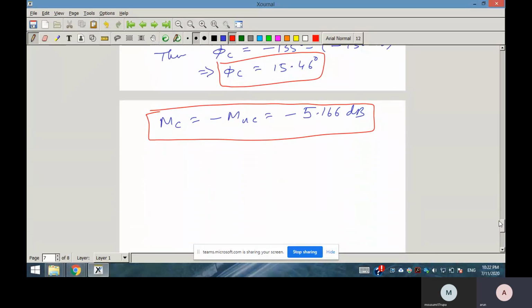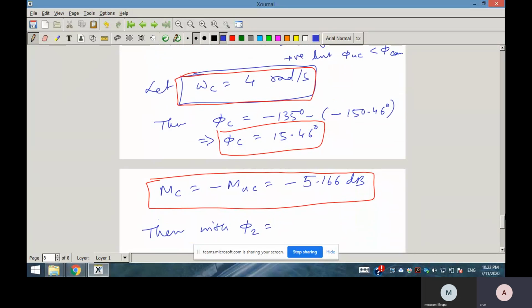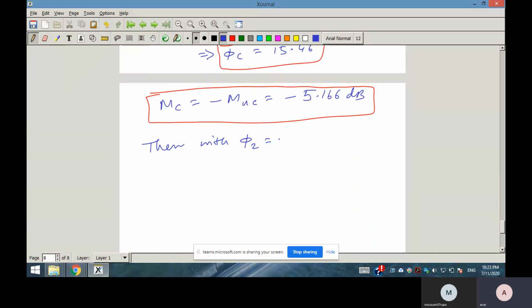Then the lead controller, you can easily design following the same procedure as already discussed using the algebraic approach. With phi 2 we have to take now a small phase lag that will be provided by the lag part at this frequency. Say we are assuming 2 degree.